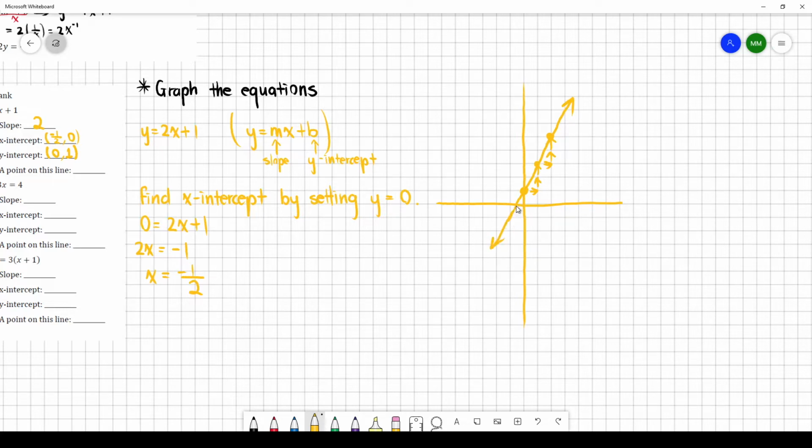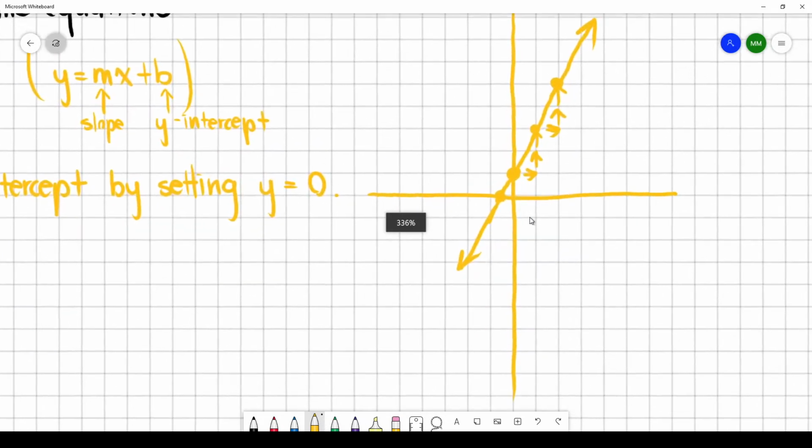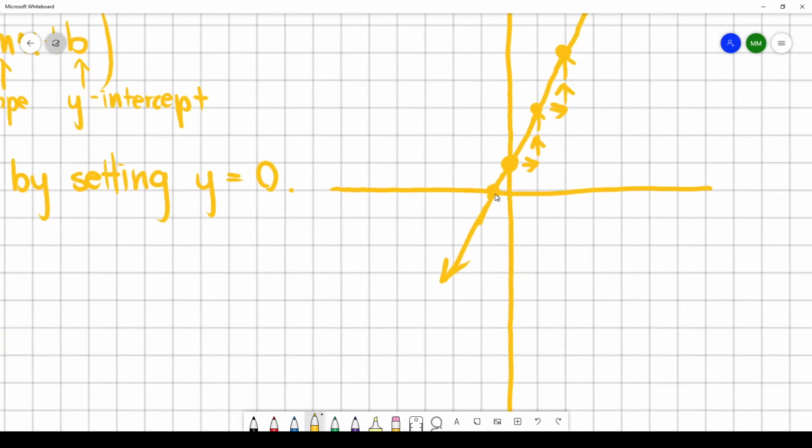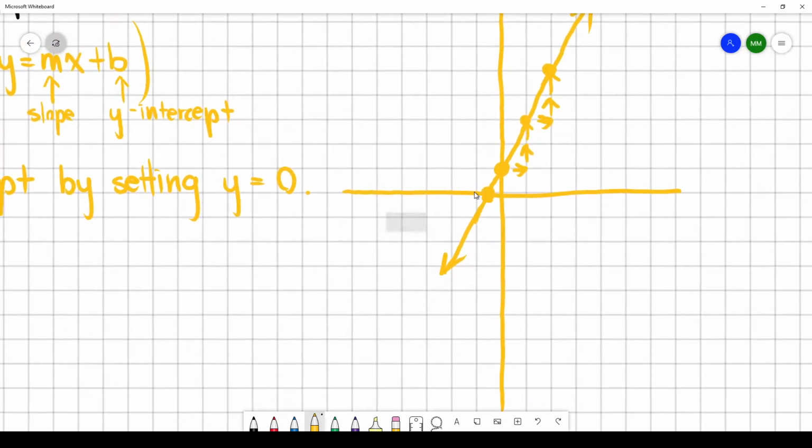The x-intercept is right on this point over here. This is why the y value of the x-intercept is always 0. It's right on this point, and the x value is wherever it is. So this here is negative 1 over 2, as you can see. It's right between negative 1 and 0. So that is the x-intercept.